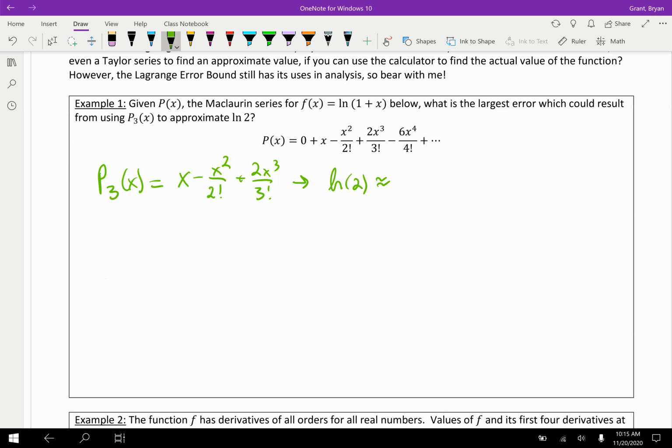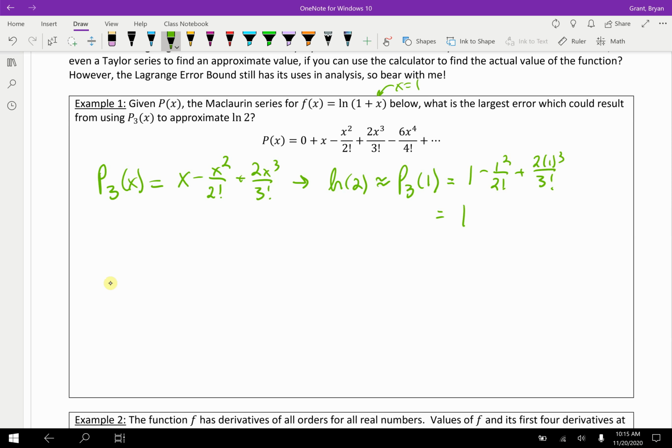Be careful, because what did they plug in to create 2? It looks like they plugged in an x of 1. So that's 1 minus 1 squared over 2 factorial plus 2 times 1 cubed over 3 factorial.